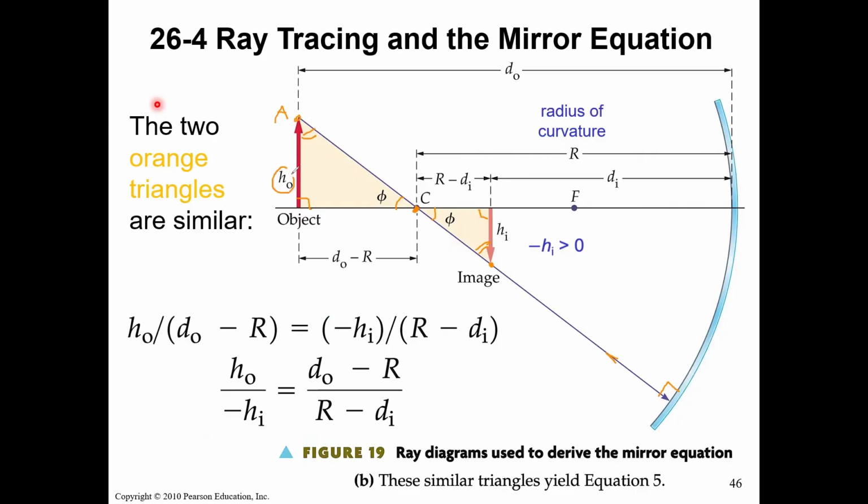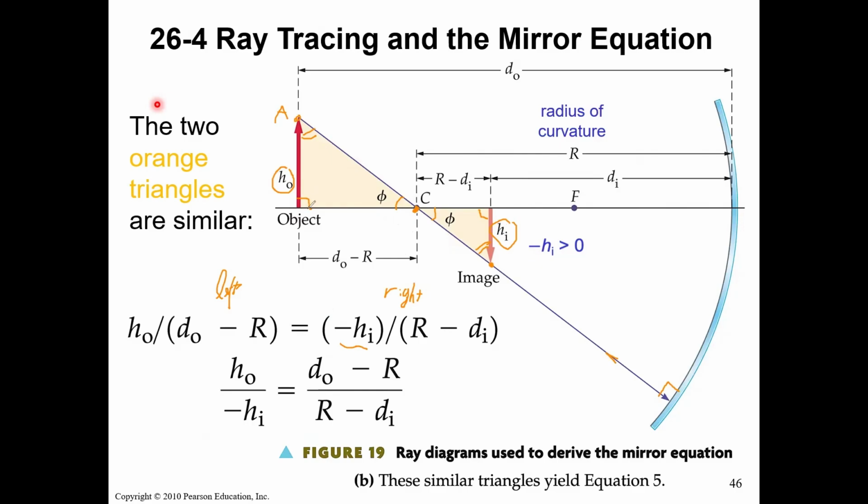So on the left triangle we have HO, and on the right triangle, let's see, the corresponding side is HI, right? And again, this is an inverted image, so we have a convention that HI is smaller than 0, and if we talk about the size of HI, it's just minus HI.